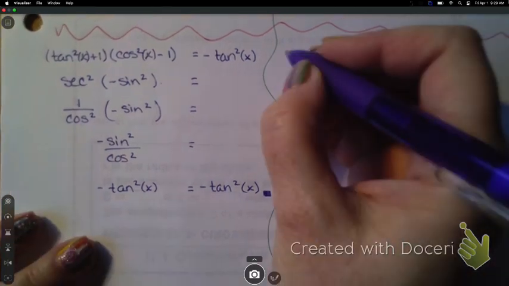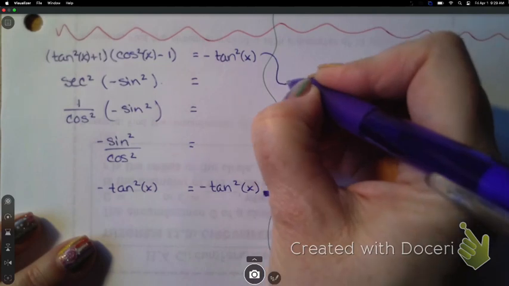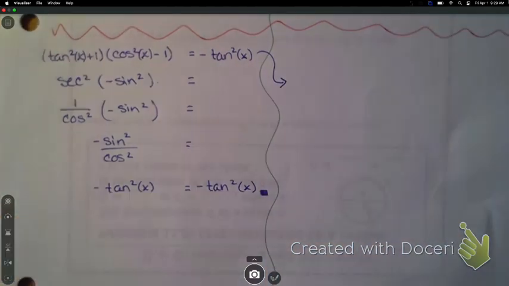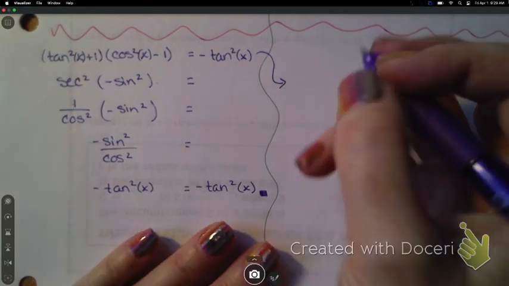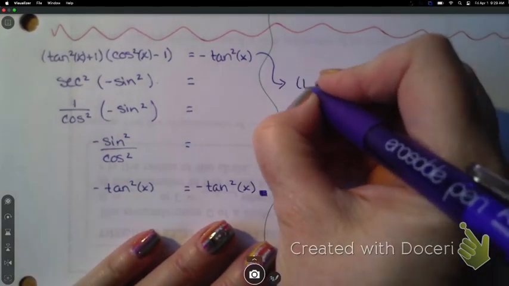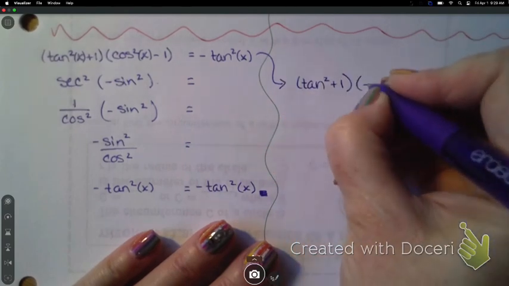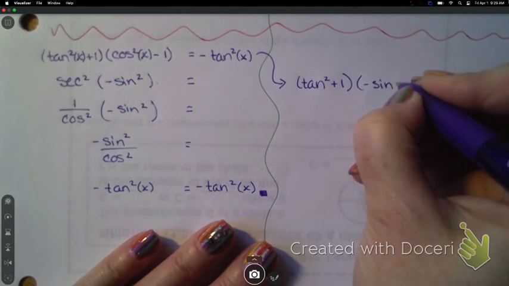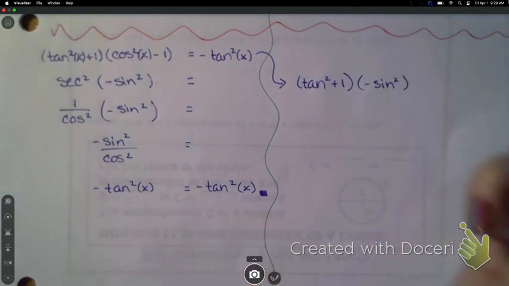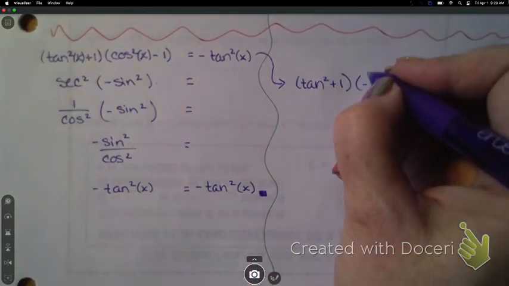I want us to try to think of another way. Second step: if I said I don't want to change the tangent squared because I don't want to get rid of it, I could still change the other one. So I could still have tangent squared plus 1 times negative sine squared. And then you would distribute it.